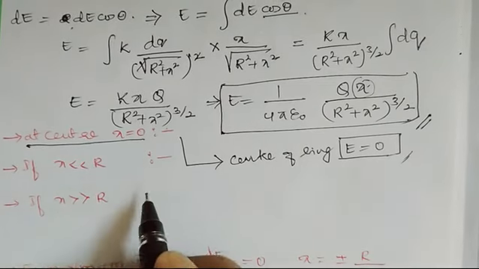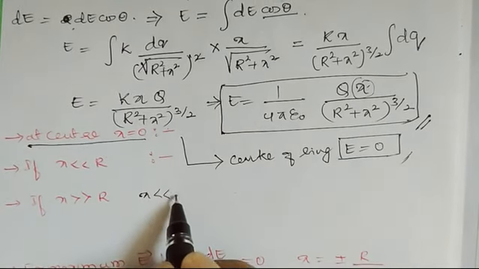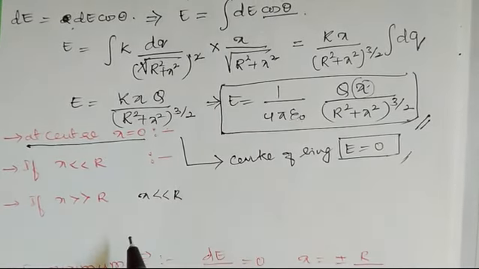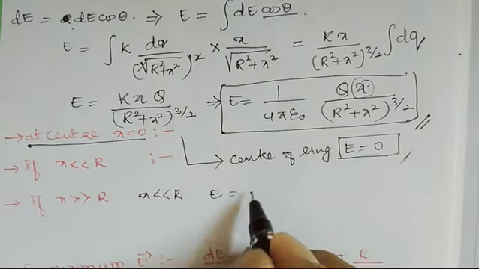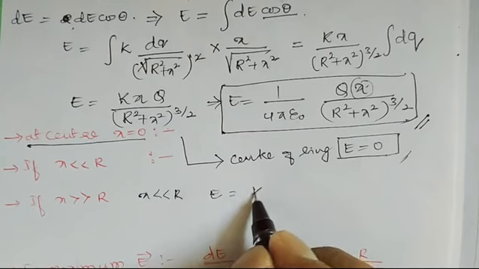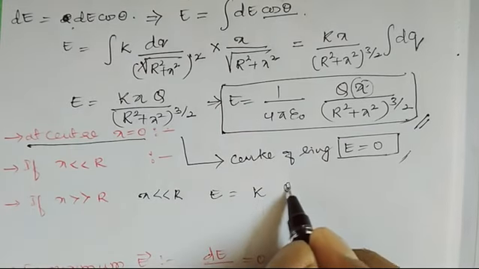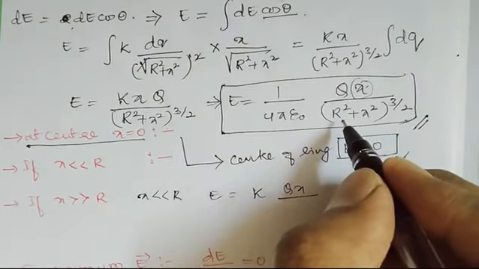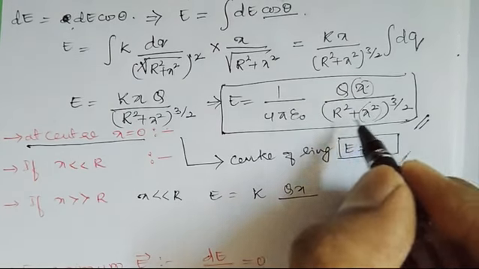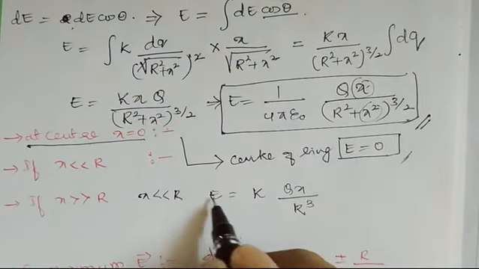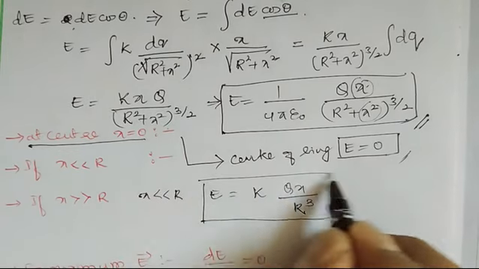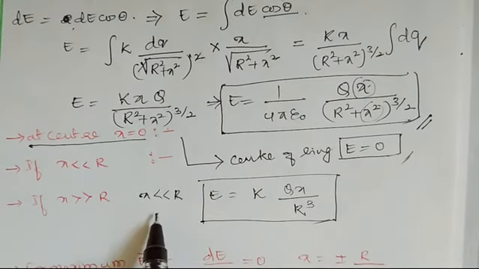Now what happens if x is very much less than capital R? We will neglect the x value. So kQx divided by R square, we neglect the x in the denominator, so what we get is kQx divided by R cube.